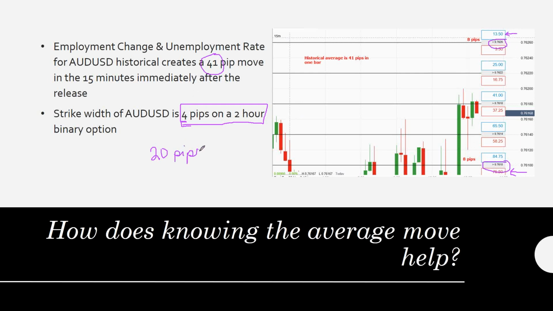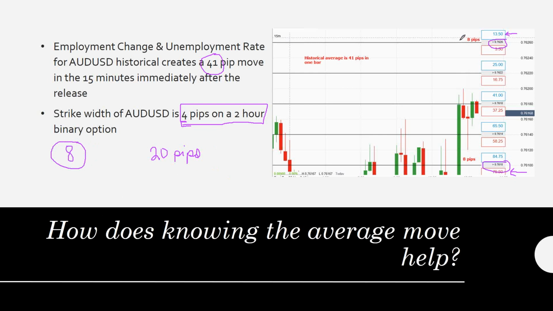Now, if I'm expecting a 20 pip move, and this is really based on what I do historically in my own trading, I need a 2-strike move in my direction. That means if I need 2 strikes, that's 8 pips, all right? And I need it to move in my direction by this amount. Does everybody understand this so far? Because I don't want to confuse anybody on this.